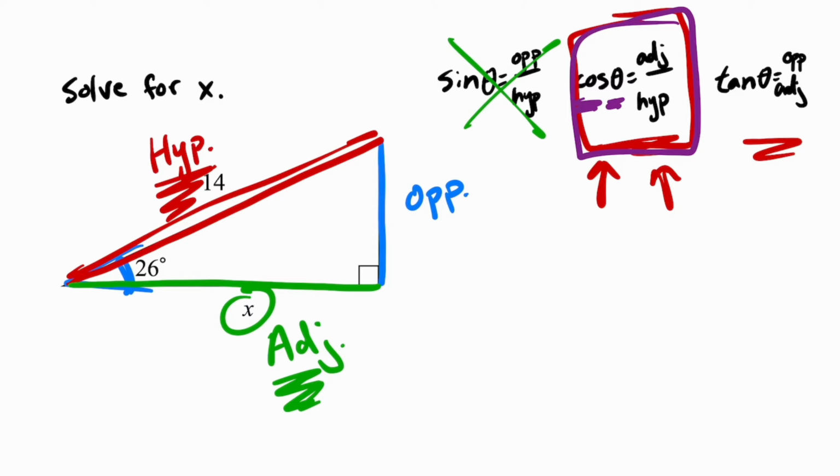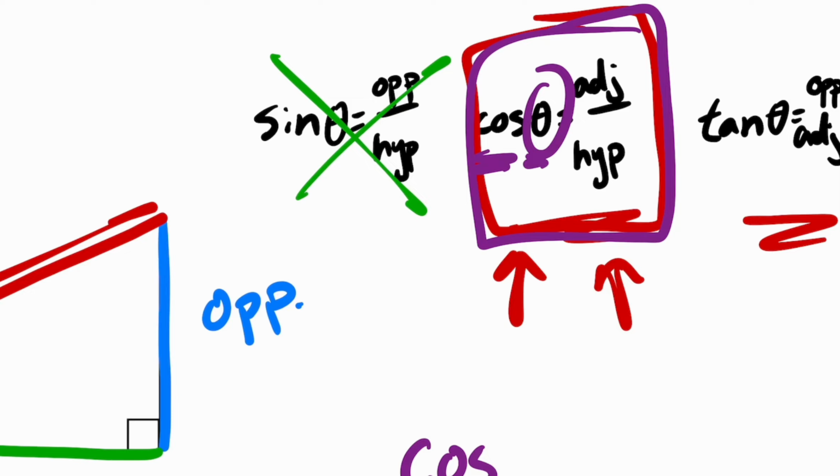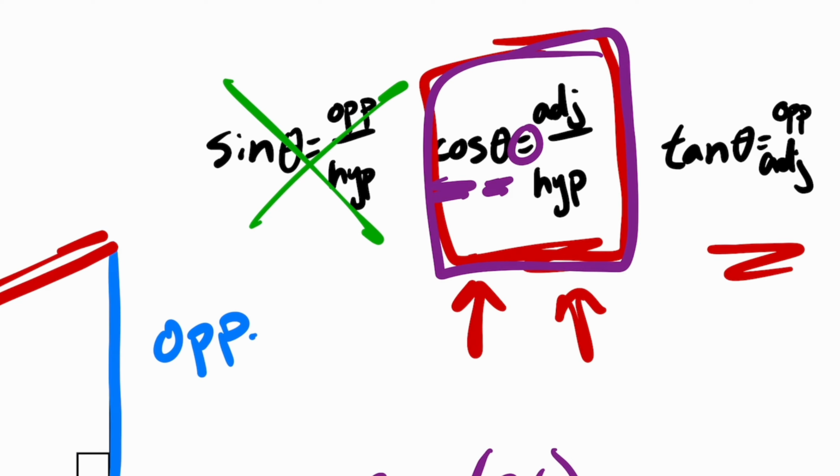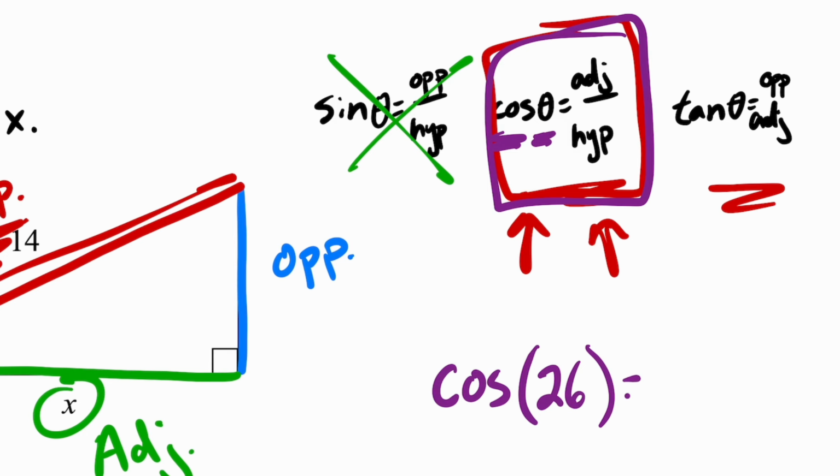Now instead of theta, we're going to put the angle that we know, not 90, but the other one, so 26 degrees. So we have cosine of 26, and then next in our equation is the equal sign, and last we have a fraction with adjacent on top and hypotenuse on the bottom.